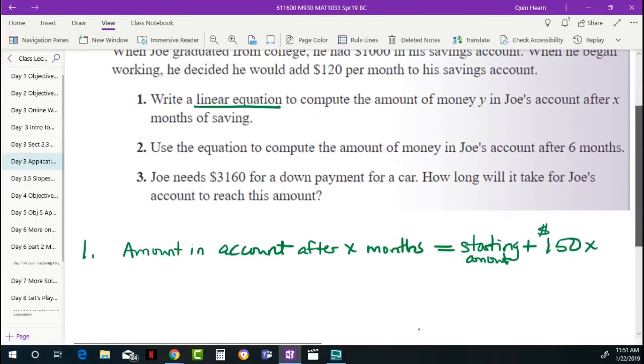But maybe that's not so clear to you, so let's just start with the first month and see if we can justify what I just said.